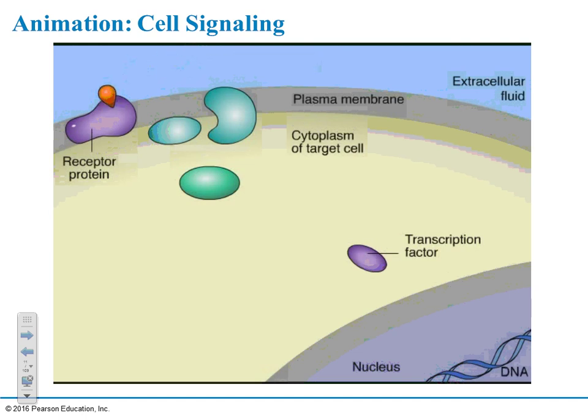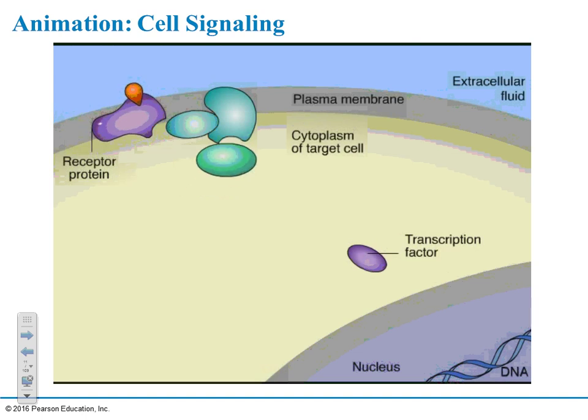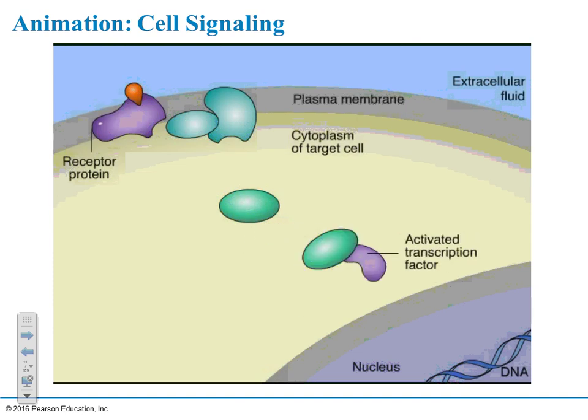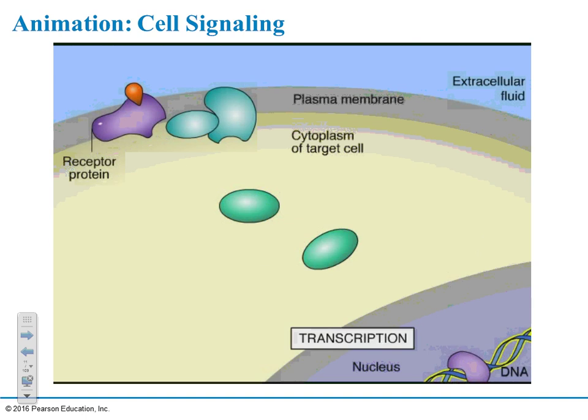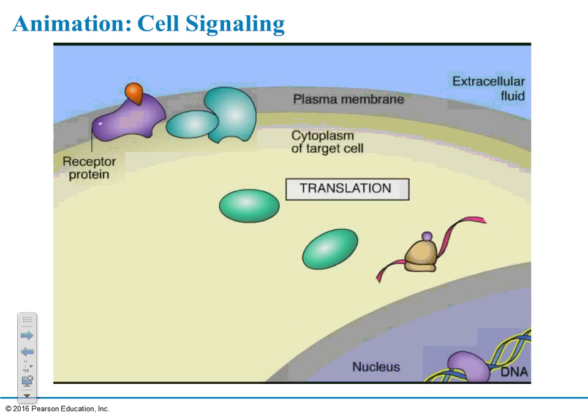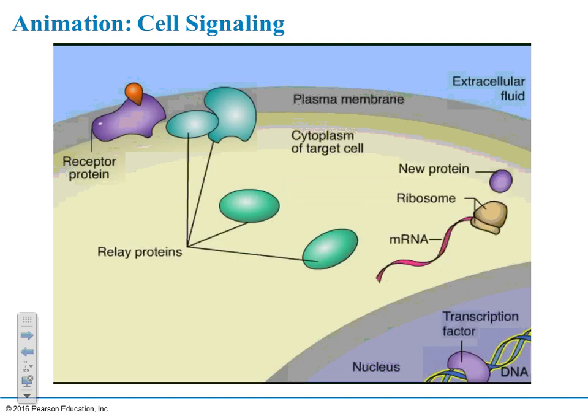A signal molecule binds to a specific receptor in the plasma membrane of the target cell. This activates a series of relay proteins, which in turn activates a transcription factor. The activated transcription factor attaches to the DNA and triggers transcription of a specific gene. The mRNA message is translated into a new protein, which changes the structure or function of the receiving cell.